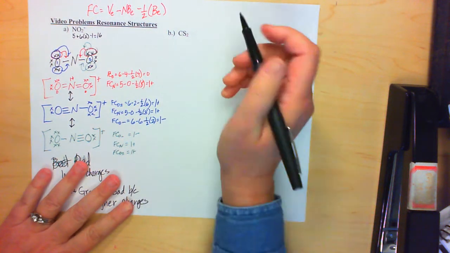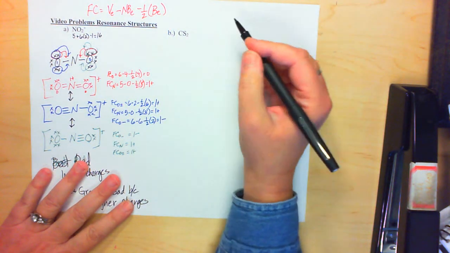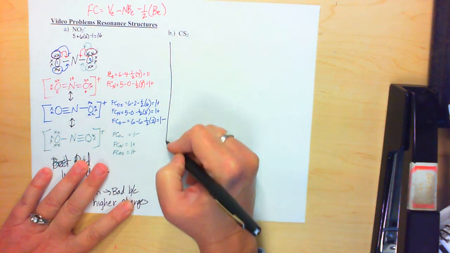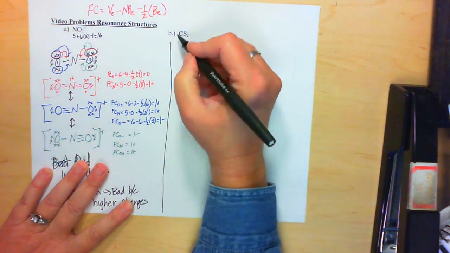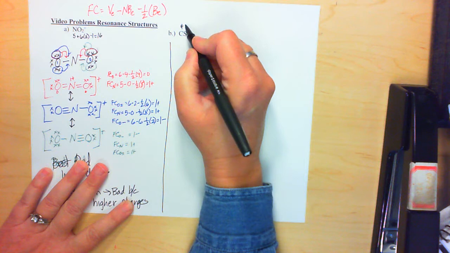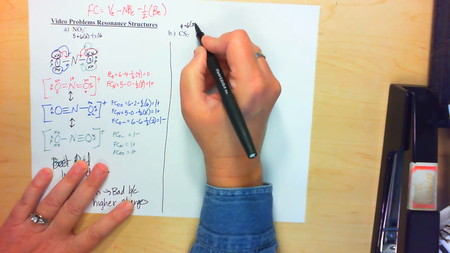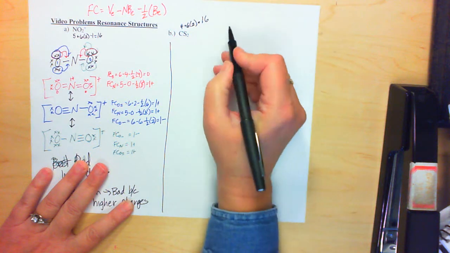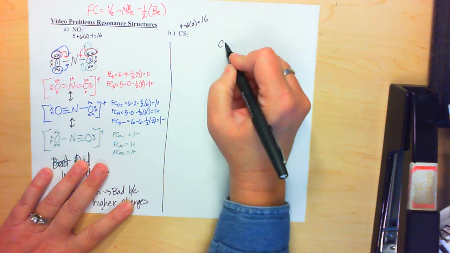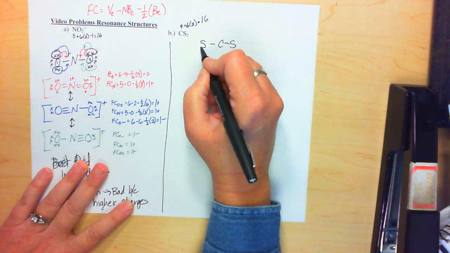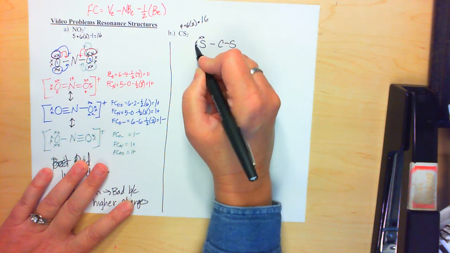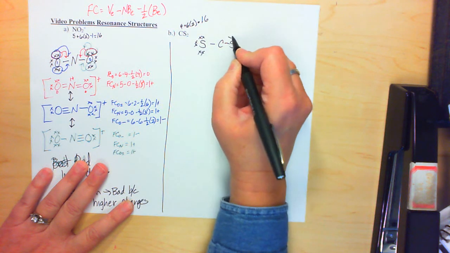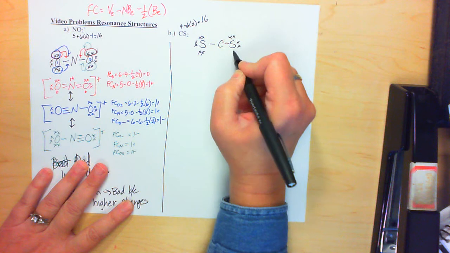While we're at it, we'll go ahead and finish this one out on the other side of the page. So I'm going to draw a line here to help me out. Carbon has 4. Sulfur has 6 times 2, which is 12, plus 4 is 16. So we have carbon, sulfur, sulfur. Again, this is very similar to what we had on the other side.